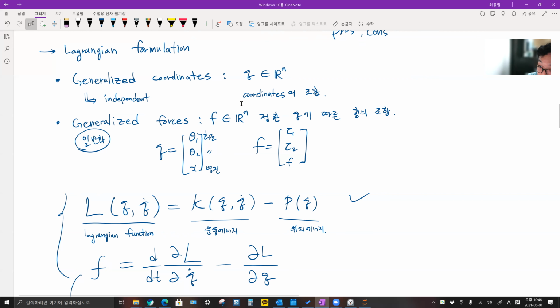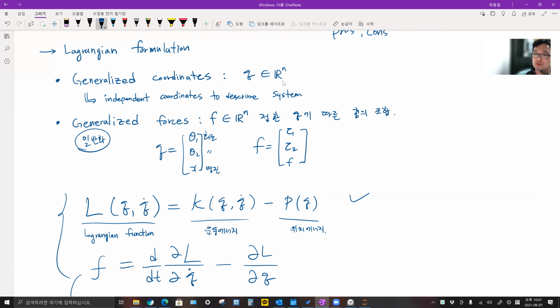Actually, the generalized coordinates mean the minimum coordinates combination to describe the system. So that is a very optimized coordinate to describe the system.